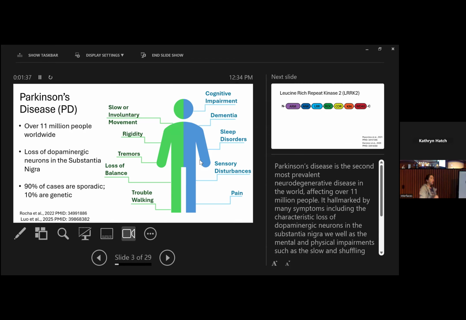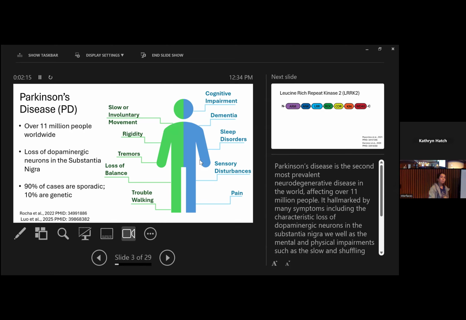And it's hallmarked by both cognitive impairments, such as dementia, having sleep disorders, sensory issues, as well as those well-known physical infirmities such as that slow movement and that hallmark shuffling gait that everyone thinks of when they think of Parkinson's disease, as well as a loss of balance and issues walking, as well as tremors. And it's of course hallmarked and was first recognized due to that loss of dopaminergic neurons in the substantia nigra.